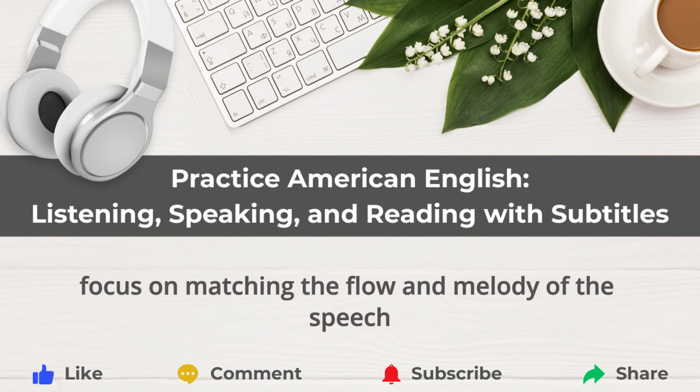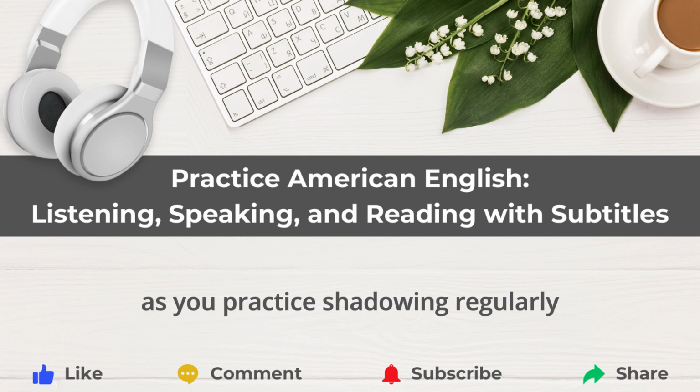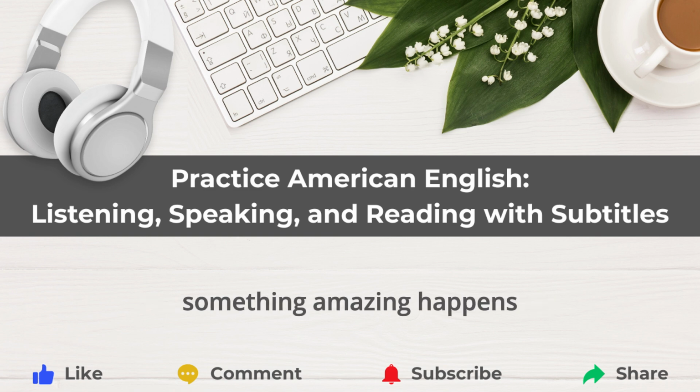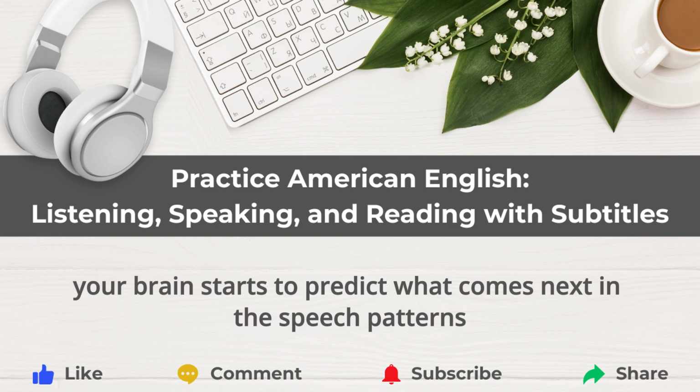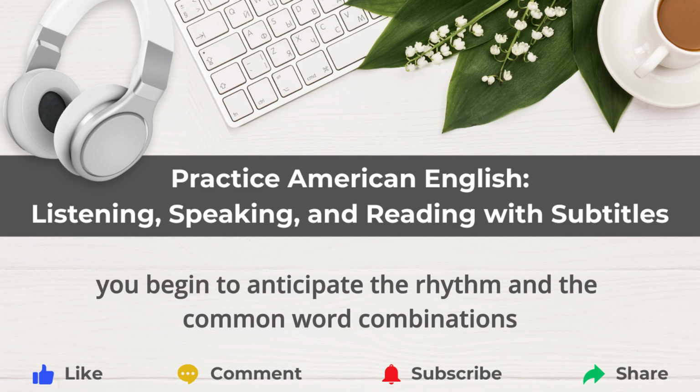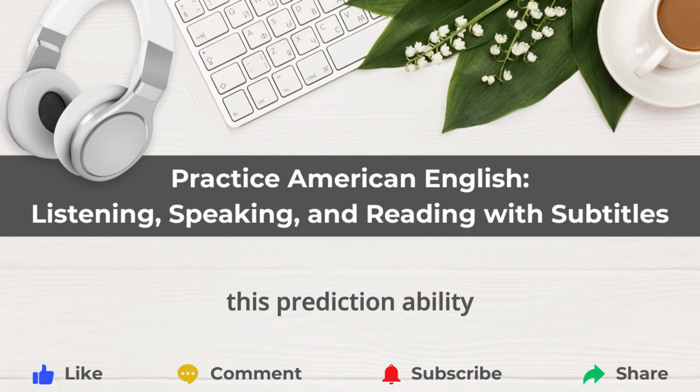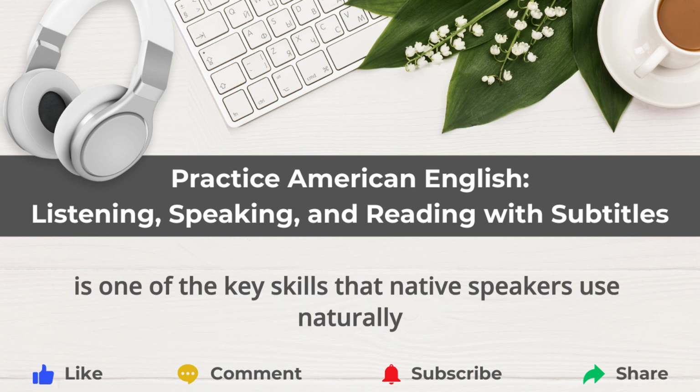Focus on matching the flow and melody of the speech. As you practice shadowing regularly, something amazing happens. Your brain starts to predict what comes next in the speech patterns. You begin to anticipate the rhythm and the common word combinations. This prediction ability is one of the key skills that native speakers use naturally.